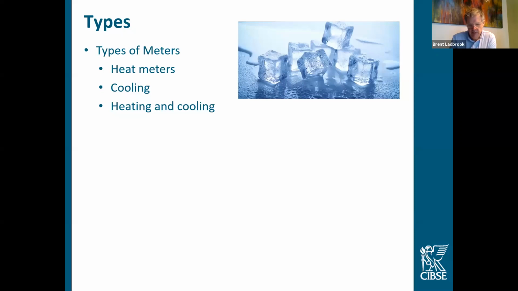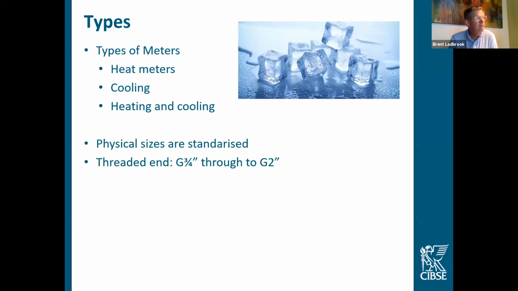Some people would be familiar with a six-way valve, where at certain times of the year you're running heat through the meter, heating water, and it will measure heat. During warmer times of the year, you would be running chilled water through and measuring the cooling capacity going through that particular meter.